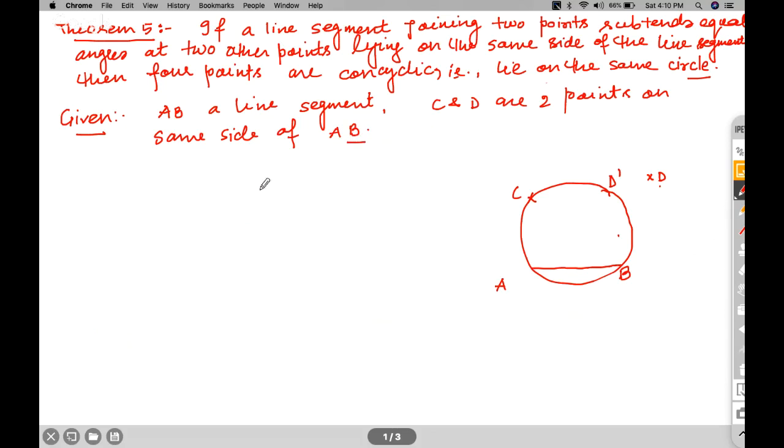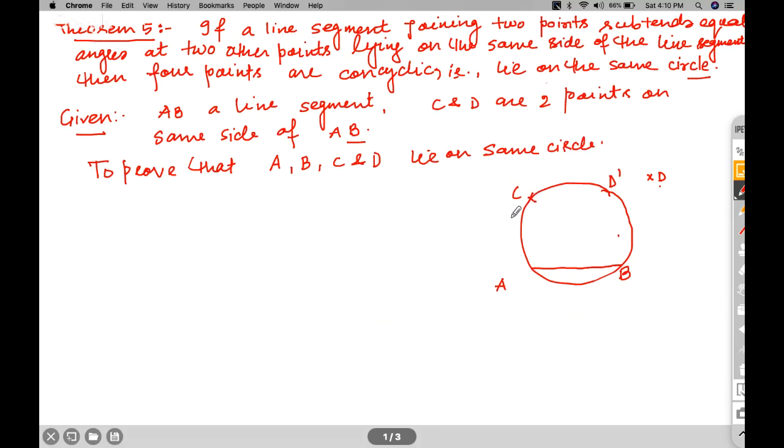Now I have to prove that points A, B, C, D lie on same circle.